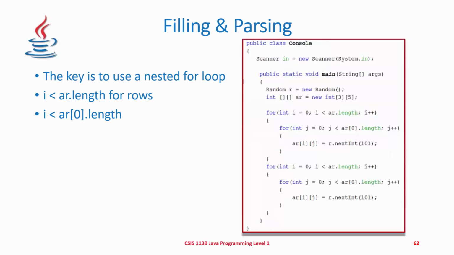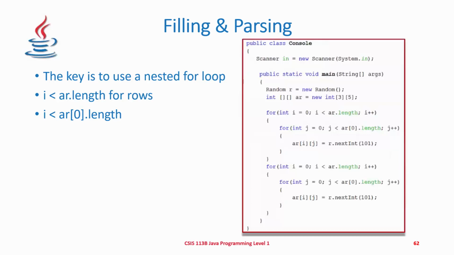So for the outer loop, you're using ar.length in the conditional portion of the for loop, because that's the overall size of the array in rows.